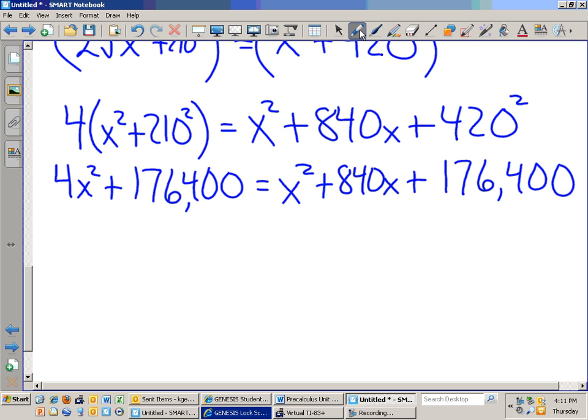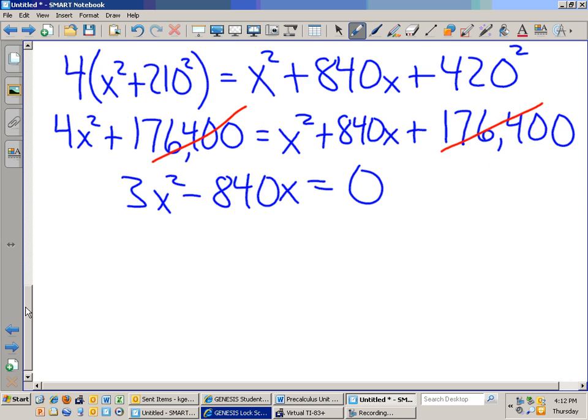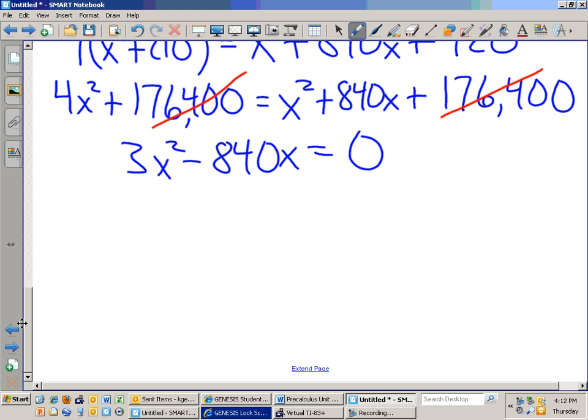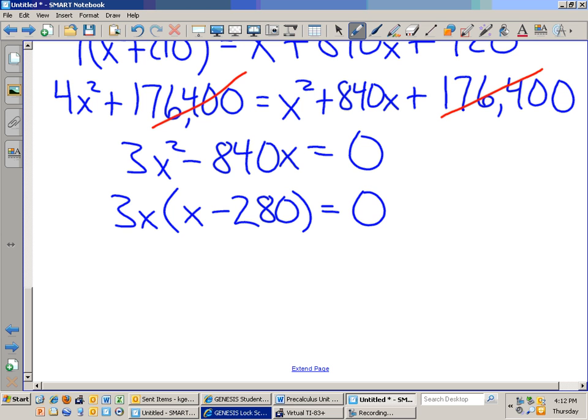That is very convenient as they will cancel off. As I subtract one from each side, they go away. I'm left with the equation 3x squared minus 840x equals 0. What is the greatest common factor? It is 3x. Take out a 3x, you're left with x minus 840 divided by 3, which is 280, equals 0. I have solutions at 0 and 280.